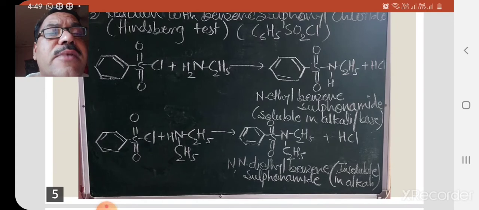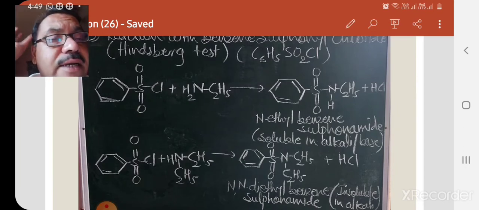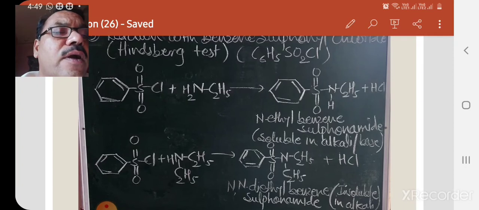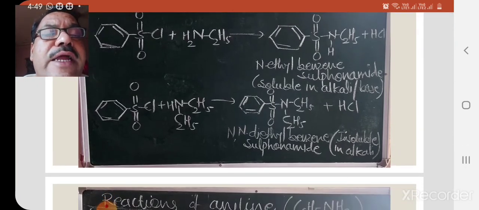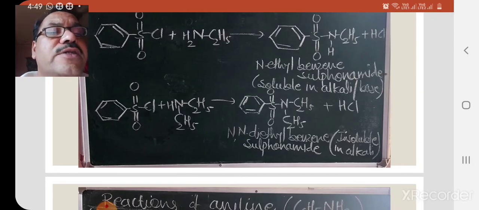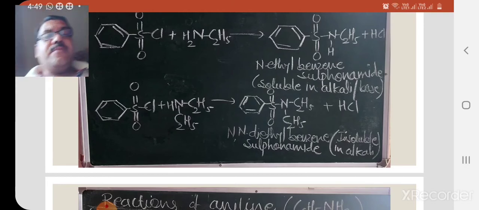So the Hinsberg test is to distinguish between primary amine and secondary amine. With a primary amine, the product remains soluble in base. With a secondary amine, the product formed is insoluble in base or alkali.